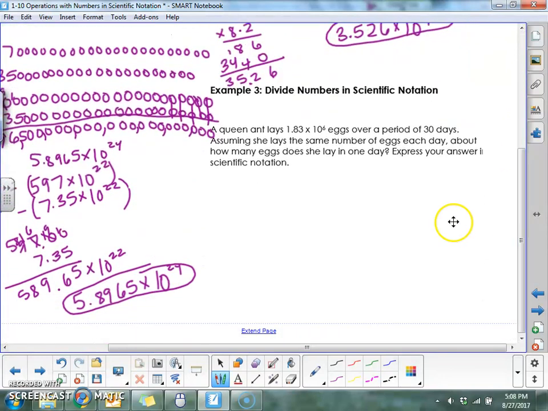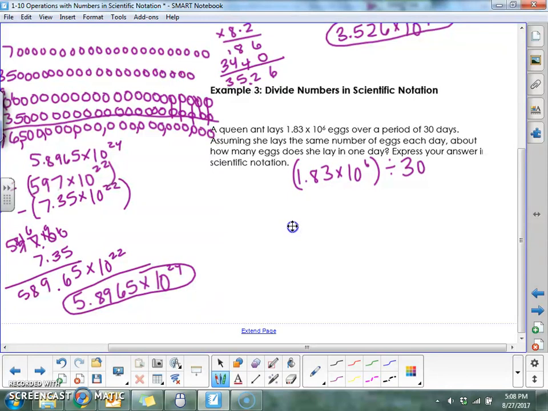Now we're going to do a division problem. The queen ant lays 1.83 times 10 to the sixth eggs over a period of 30 days. Assuming she lays the same number of eggs each day, how many eggs does she lay in one day? We need to divide the total eggs by how many days to get her rate per day. So I have 1.83 times 10 to the sixth, and we're going to be dividing it by 30.